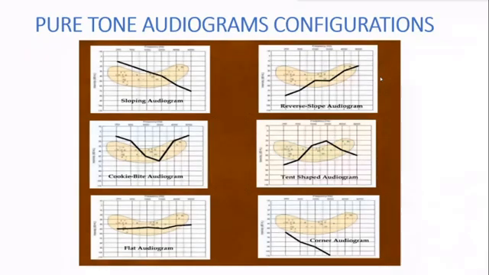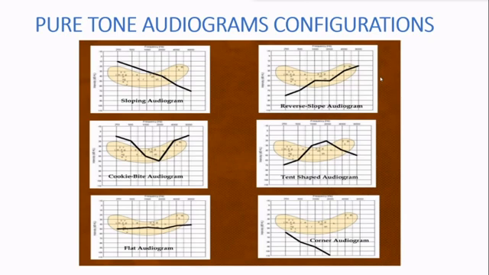The downsloping audiogram is commonly seen in presbycusis, hearing loss in the elderly. We also see presbycusis causing a flat audiogram; it's a different type of presbycusis. You see a reverse slope audiogram, whereby the low frequency is affected more, in Meniere's disease.